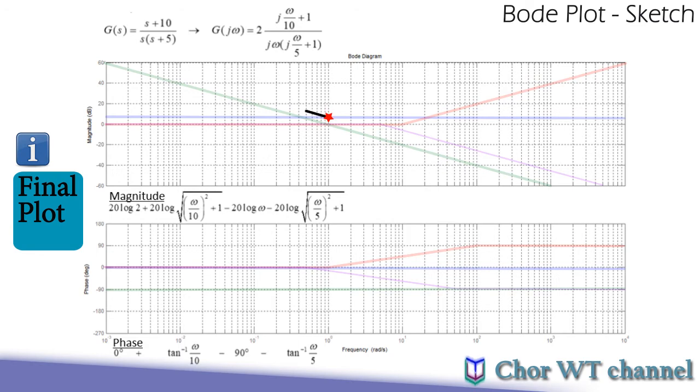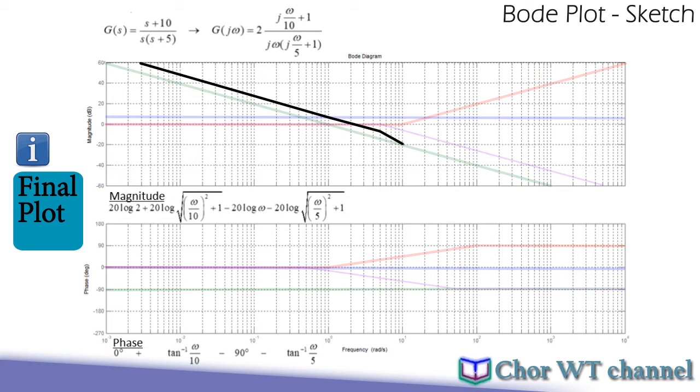Anything before that will be one slope of 20 dB per decade. And then this slope will carry on until we meet the first corner frequency, which is equal to 5. At this point, the slope will become double because of the contribution from the first order pole as well as the pure integrator.